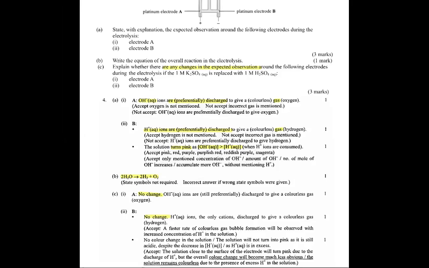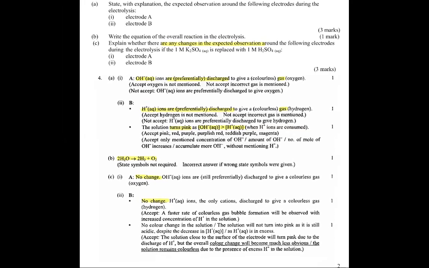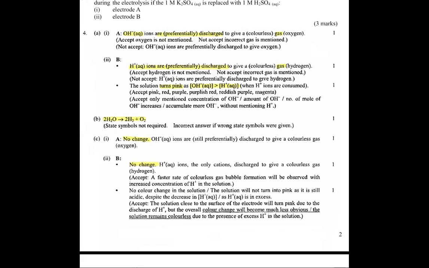But for B, now we have changed the potassium sulfate to sulfuric acid, so no more potassium ion, but just hydrogen ion. So the hydrogen ion concentration increased significantly. Last time we said that after hydrogen ion has been discharged to form hydrogen gas, it leaves the solution.